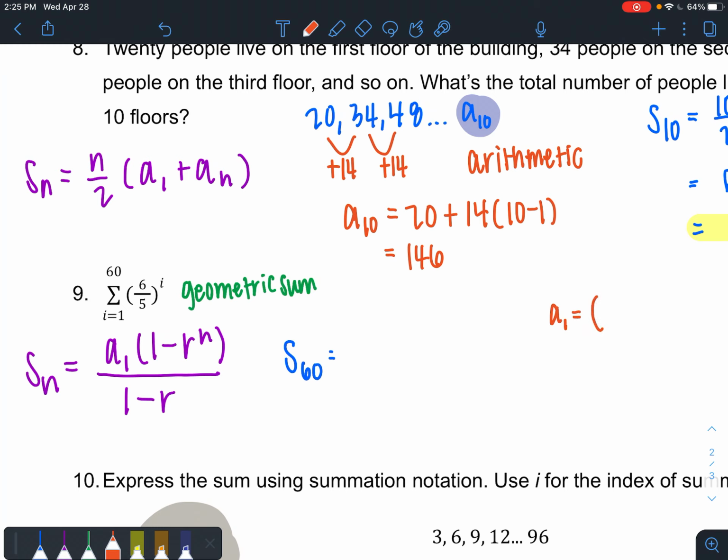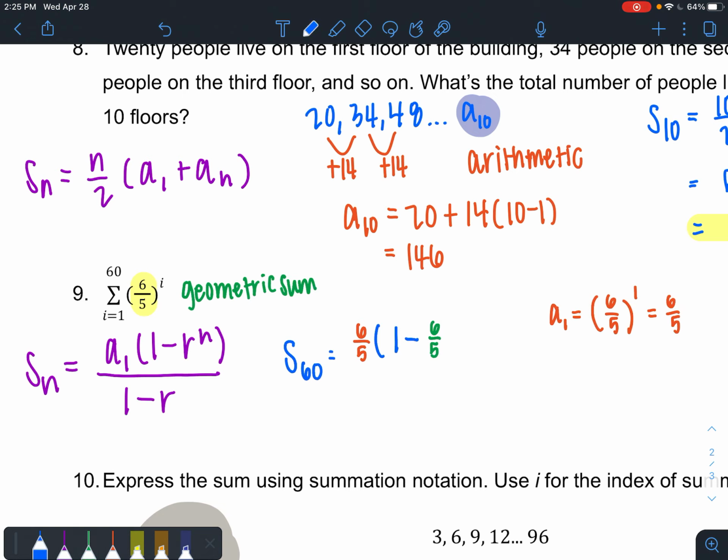So I have 6 over 5 to the 1, which is 6 over 5. So 6 over 5 times 1 minus r, which r in this case is 6 over 5.